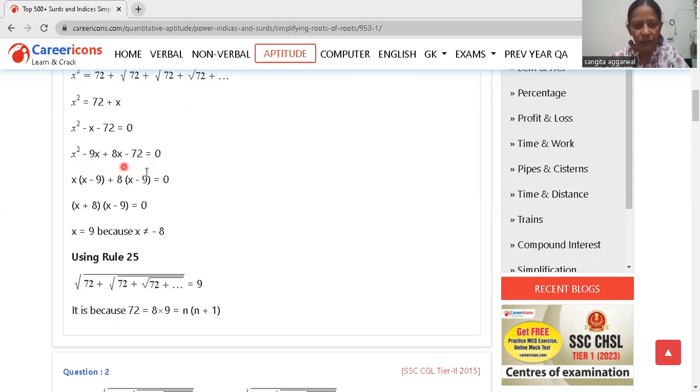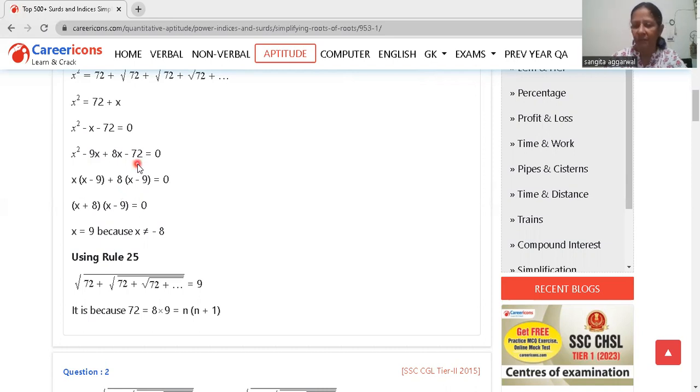Now, in your classes you have already done how to solve the equation. So you will take x out from this term. So in the bracket, what is left? x is left here, minus 9 is left here. Then in the next term, from this term, you will take 8 outside. So this is plus 8. Then in the bracket, you will write x.